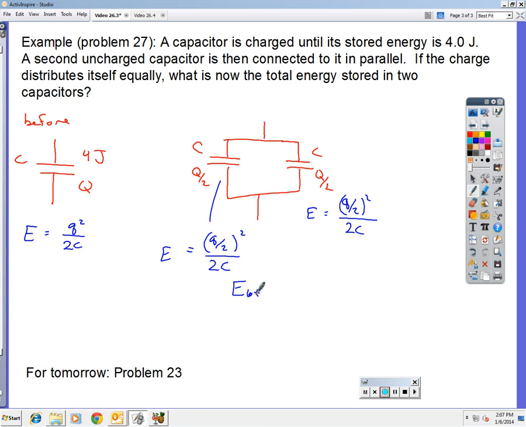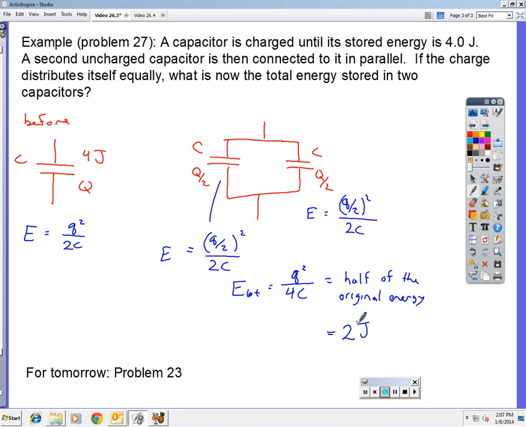And so the total energy is now Q squared over 4C when you add those two together, which we'll notice is half of the original energy, and it is therefore 2 joules stored in the combination.